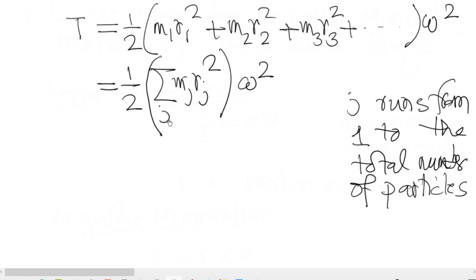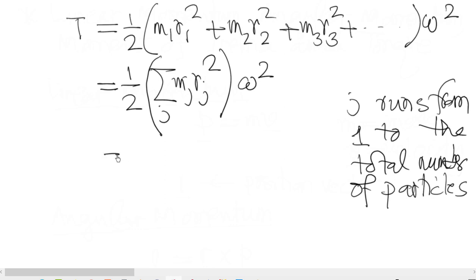That means you start from j equal to 1 and then the next term will be j equal to 2, so the first term is m1 r1 square plus the second term is m2 r2 square plus dot dot dot, and you'll have to continue for all the particles constituting the body.